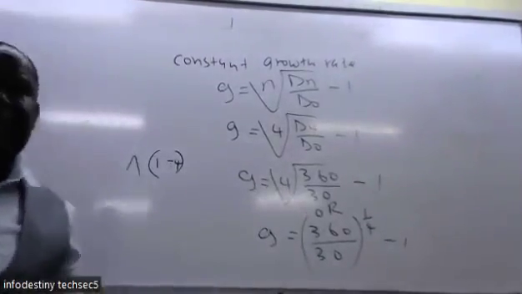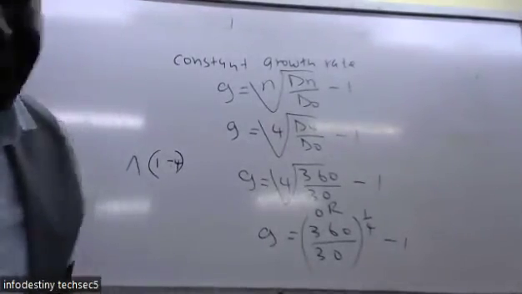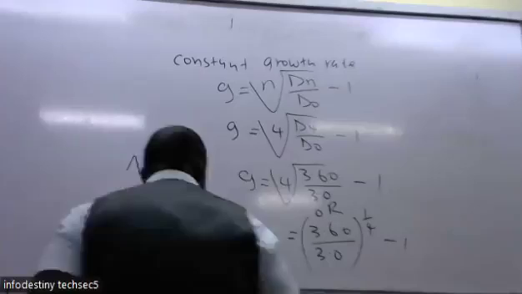So after calculating the growth rate, now we want to calculate the cost of capital for each source of finance.